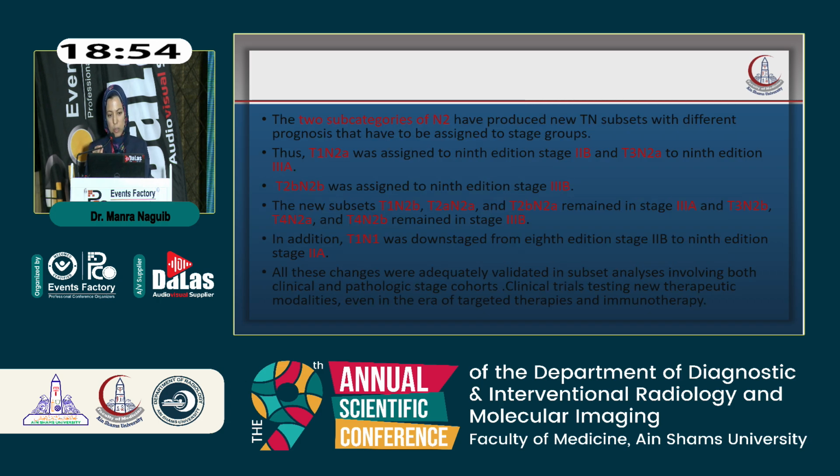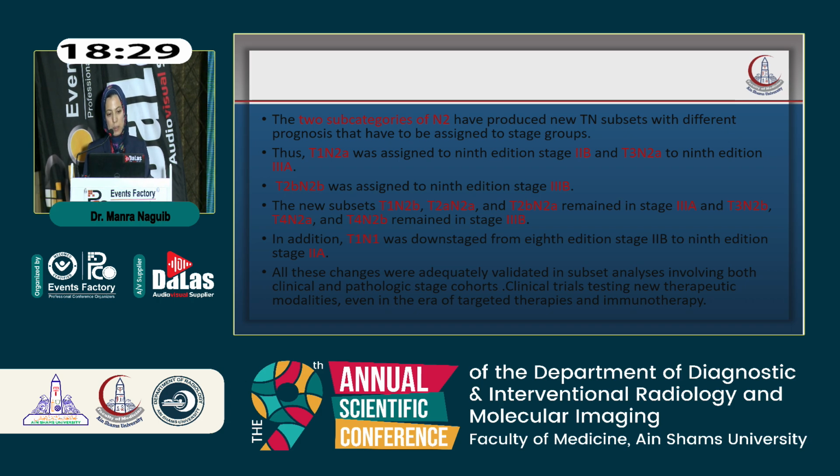The two subcategories of N2 have produced new TNM subsets with different prognoses to be assigned to stage groups. Thus, T1 N2a is assigned in the 9th edition to stage 2B, T3 N2a to stage 3A, T2b N2b to 3B.